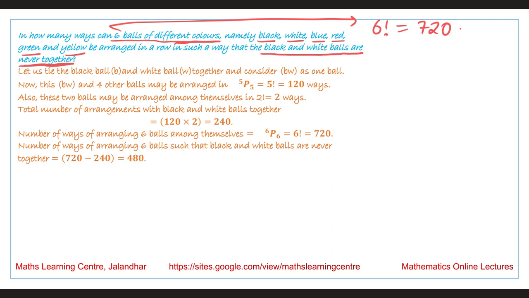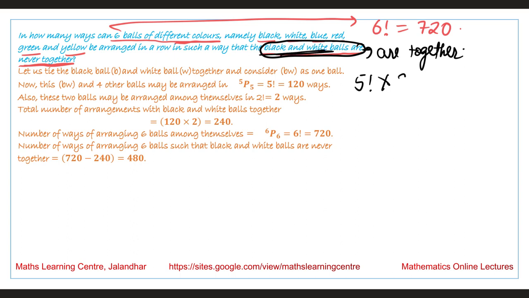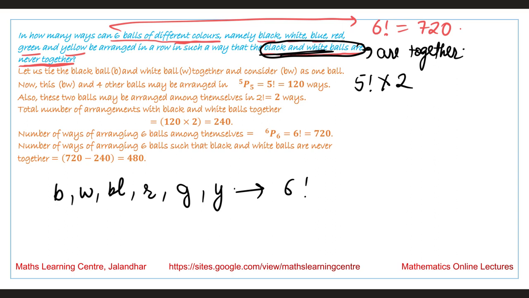We find the number of ways when black and white balls are together. How many balls will be left? It is 5 factorial. The black and white balls can be arranged in 2 ways. We have the black, white, blue, red, green and yellow balls, and the total number of ways in which these can be arranged is 6 factorial.